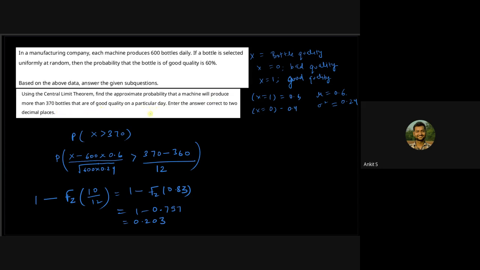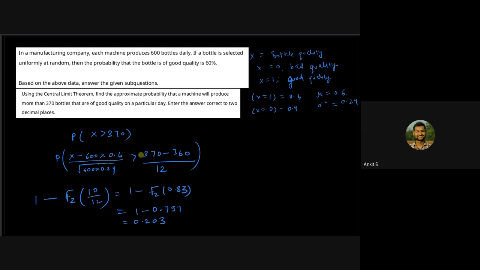Generally, if you want to solve this kind of problem, what kind of calculation do you have to use? Can anyone tell me? How will you solve this problem? Suppose you don't know anything about central limit theorem.